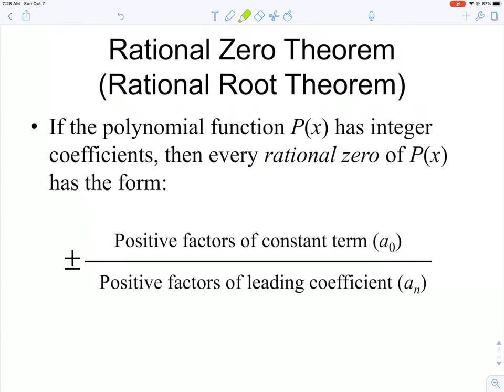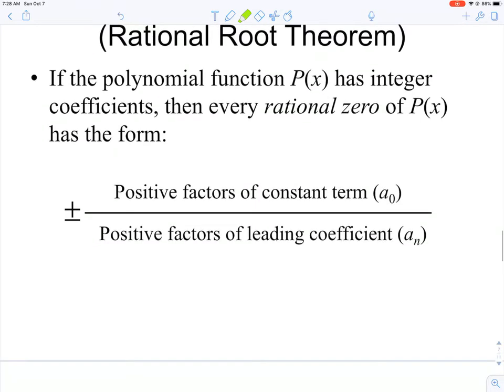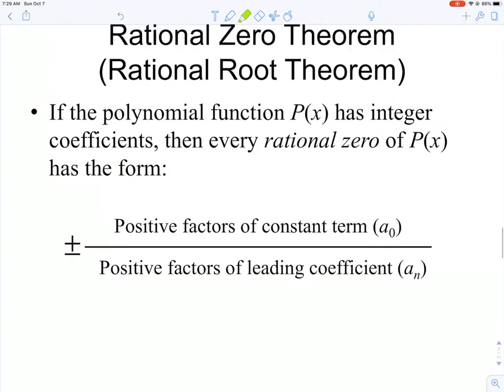We are going to be using the rational zero theorem, also known as the rational root theorem, to help us with factoring polynomials. So we're going to take all of the positive factors of the constant term of the polynomial and list them over all of the positive factors of the leading coefficient, and then list all the different combinations from there, plus or minus, okay?